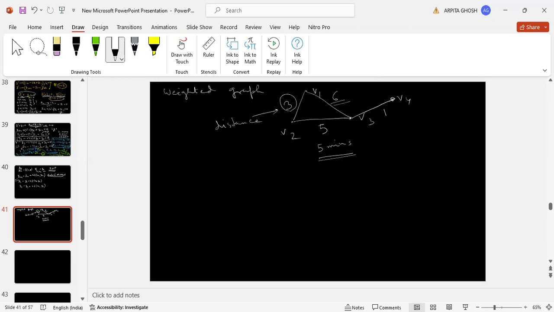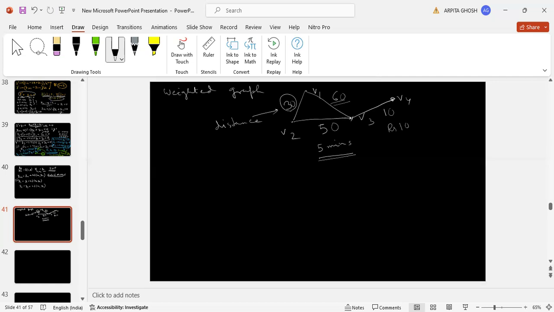Or suppose this is the money spent. We'll say that it costs, suppose this is 10, or say 60, 50, 30. So we are moving by rickshaw or toto, and it takes 10 rupees or auto to reach V4 from V3.